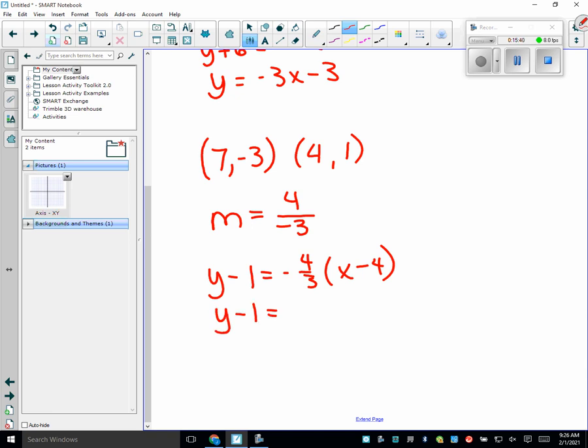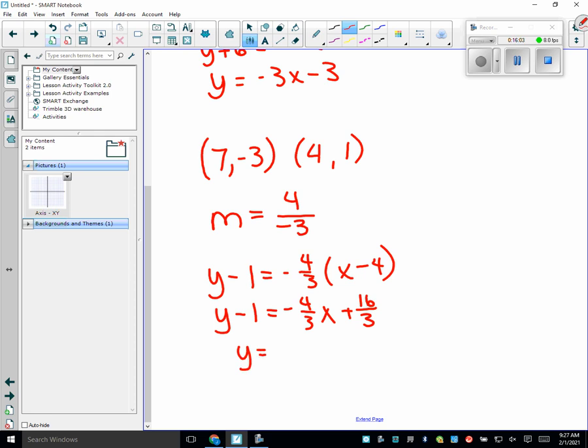So y minus 1 equals negative 4/3 x plus what? 3/3 minus 6. Because if it's, no, no, no. This times this. 16/3? Are you ahead of me, Caden? He was just doing the math.